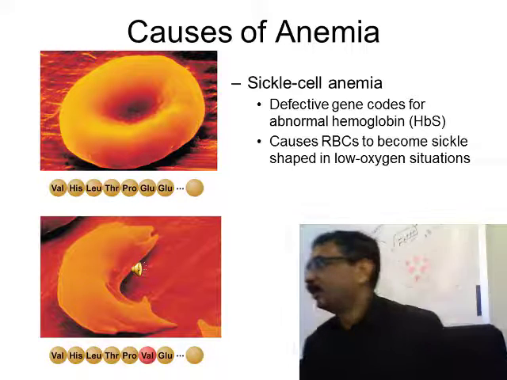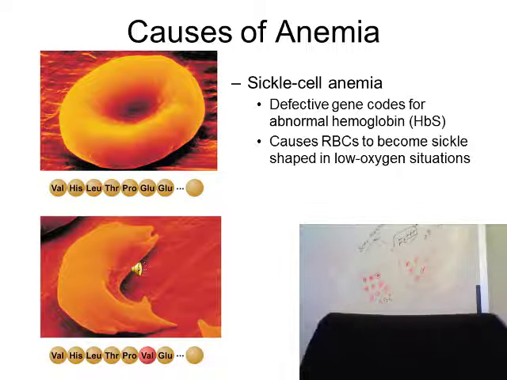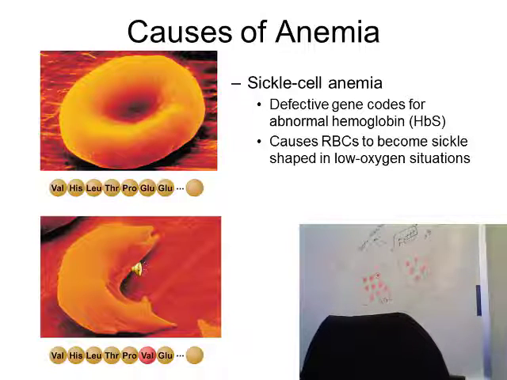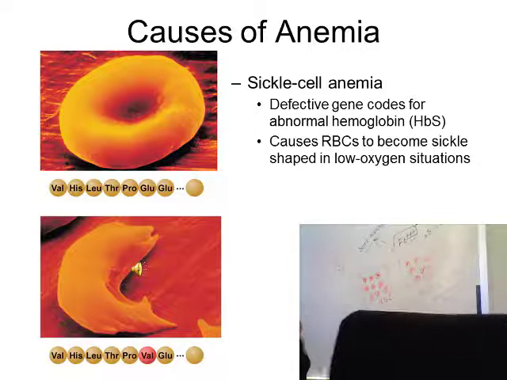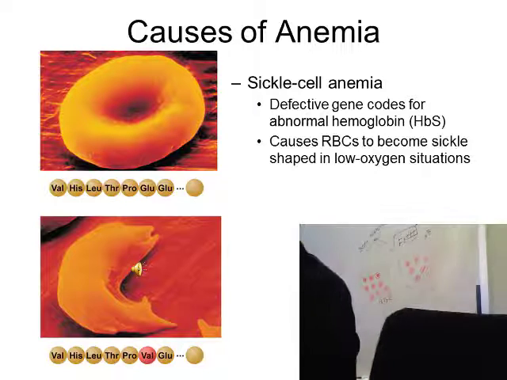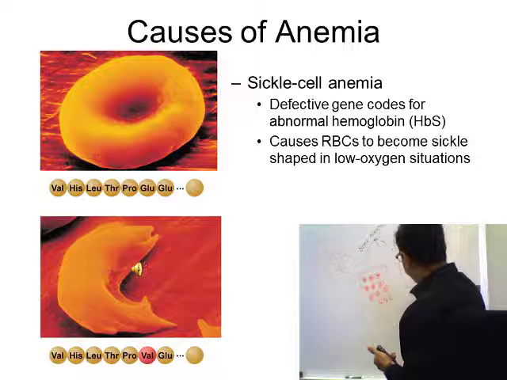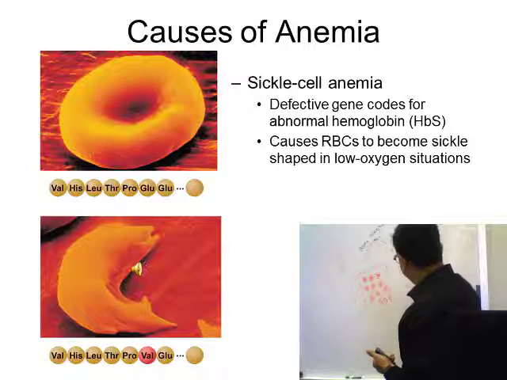Sickle is that tool that in old times farmers used to use to cut the crop. So in sickle, both ends are pointed, and when the red blood cells try to pass through the capillary, the sharp, hard pointed end will destroy the cell membrane. Okay, and this hemoglobin cannot bind with oxygen.